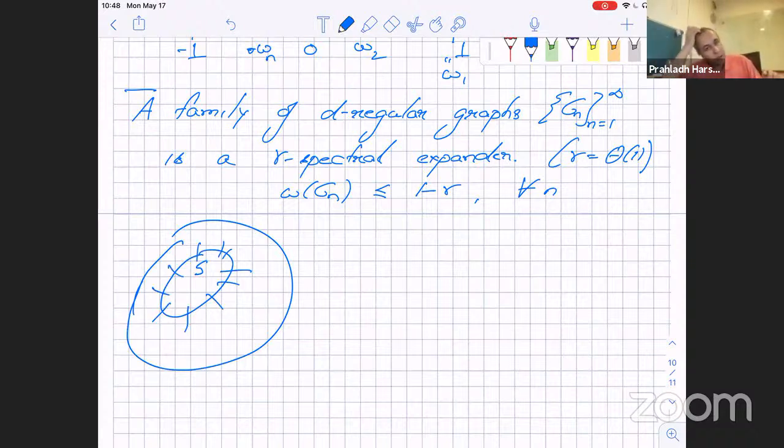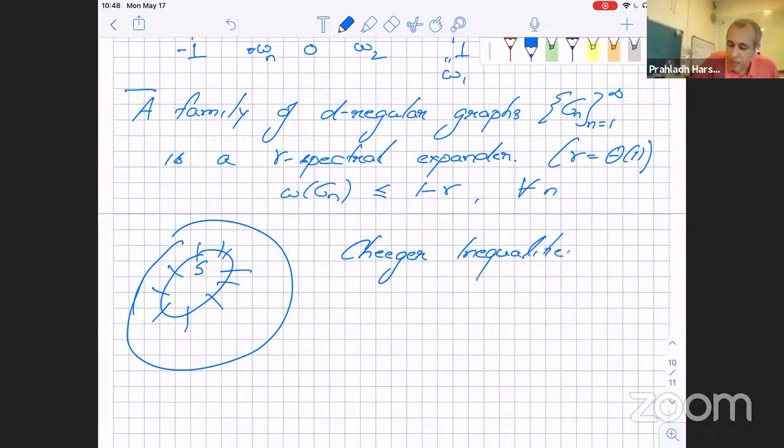And this is quite a remarkable property of these graphs. Cheeger inequalities give you that every cut in a gamma spectral expander has a constant fraction of edges going out.